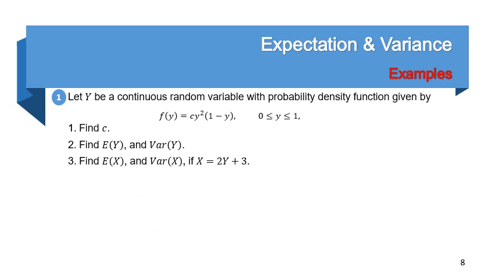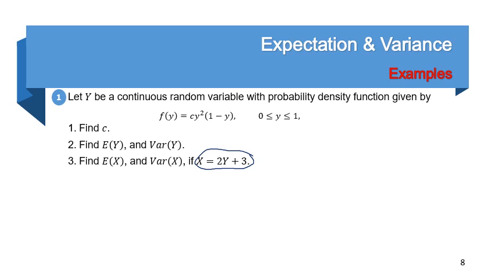This is our first example concerning the expected value and variance, and as you see in requirement number 3, you need the expected value and variance for a specific function in y, which is x equal to this one, as you saw in the previous properties. But let's start one by one.